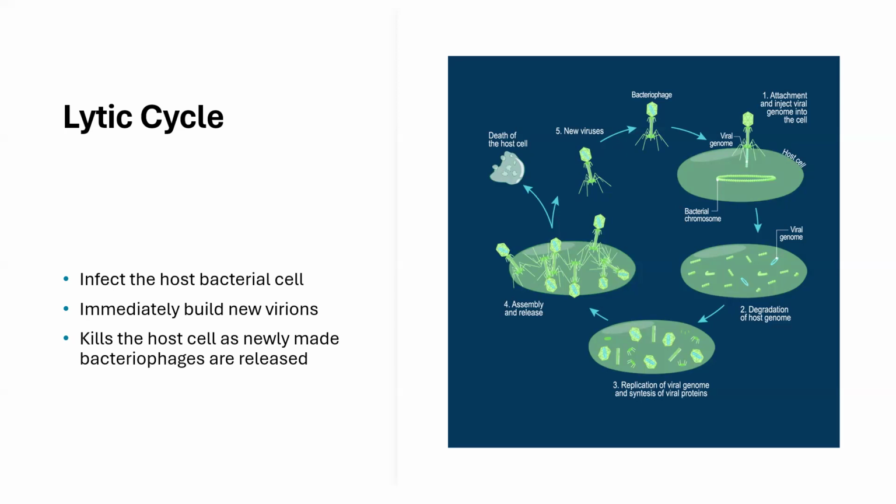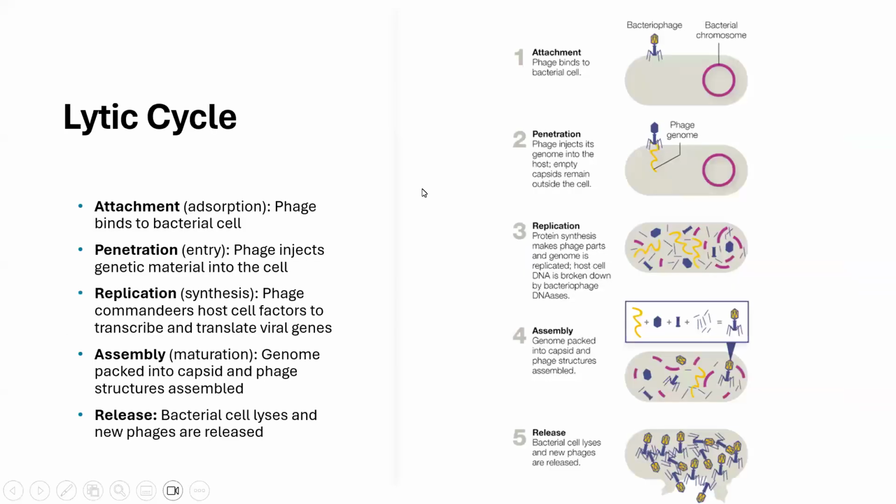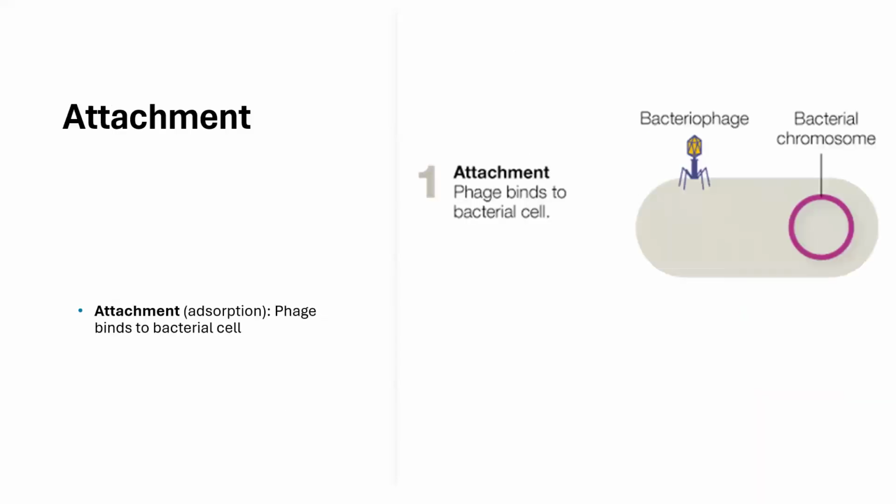And then at the end, after those new virions have been completely built, it will lyse the cell to release the virions into the environment. And so we've got this 5-step process for lytic cycle, which goes from attachment to penetration to replication, assembly, and release.